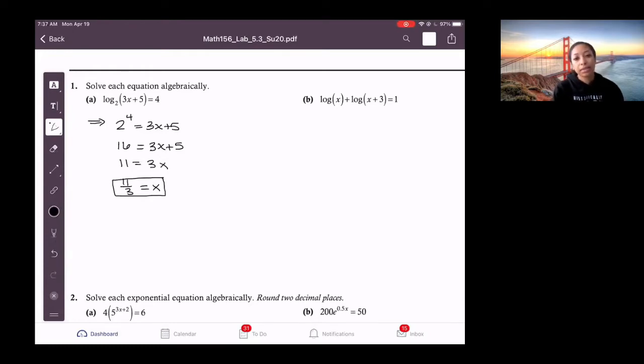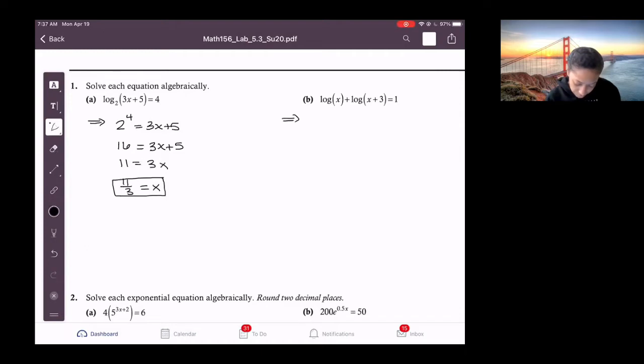Log of x plus log of x plus 3 equals 1. Now, in this problem, if you notice on the left-hand side, instead of just having one logarithm, we have the sum of two logs. We want to use properties of logs to try to condense that side to just one logarithm.